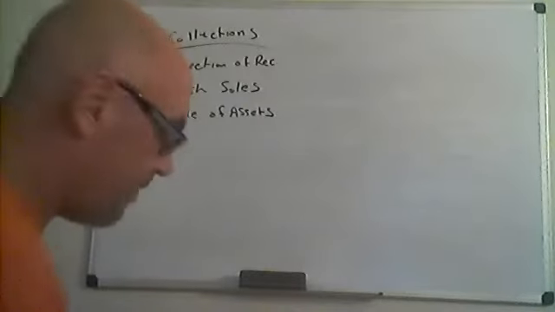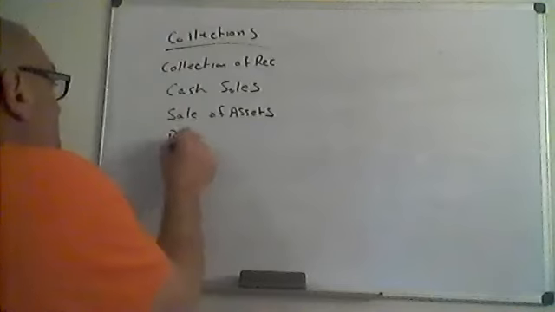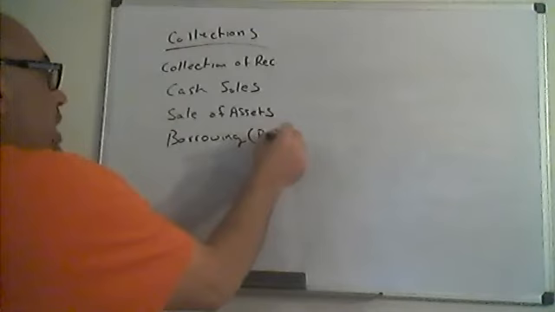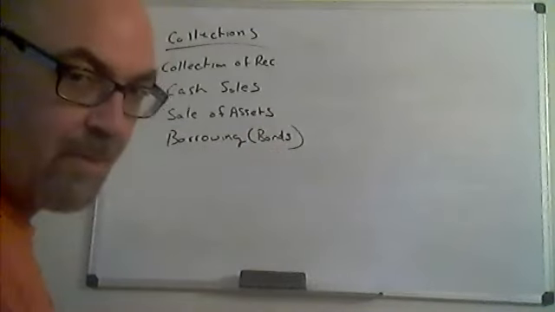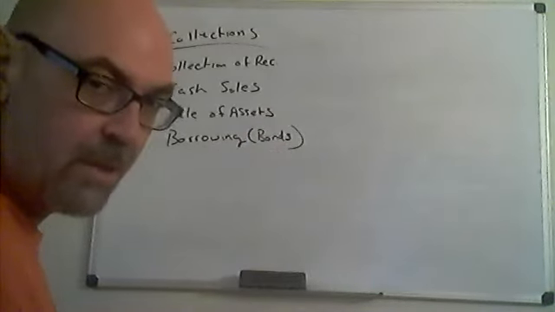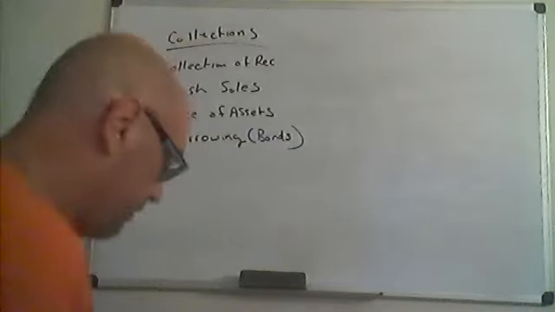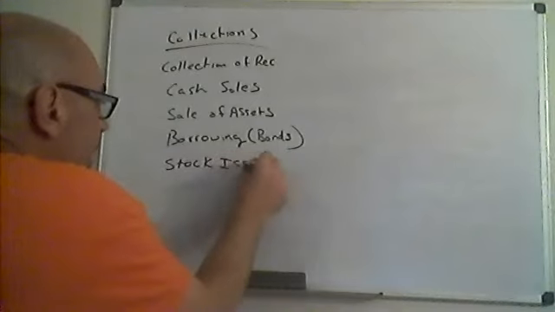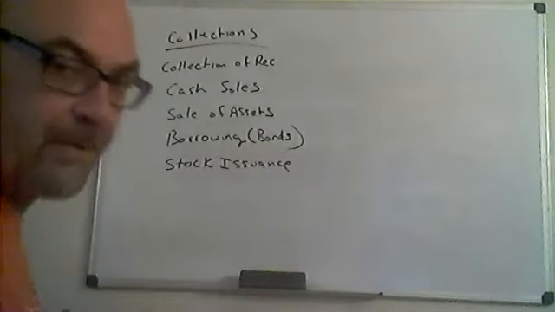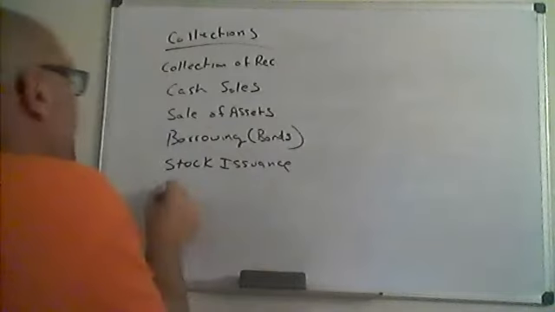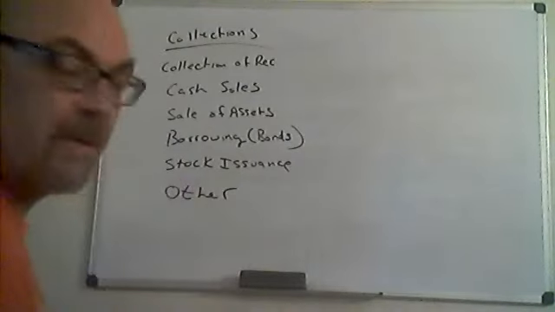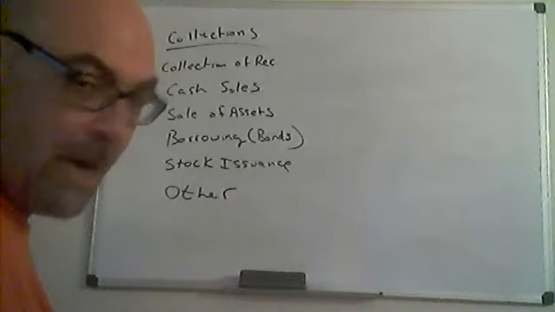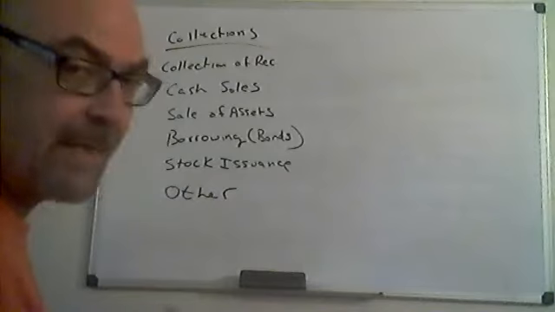That information has to be given. Maybe you receive cash from borrowing, and if you remember, for corporations, bonds are a major form of borrowing, but for smaller businesses you could also borrow from a bank. So any type of borrowing. Stock issuance: when we issue new stock as a corporation, we are going to get cash for that as long as we're issuing it for cash. And then there's a catch-all. There is always another category because you have to use your own brain when working through some of these problems. If you see that cash is coming in, that is a cash collection.